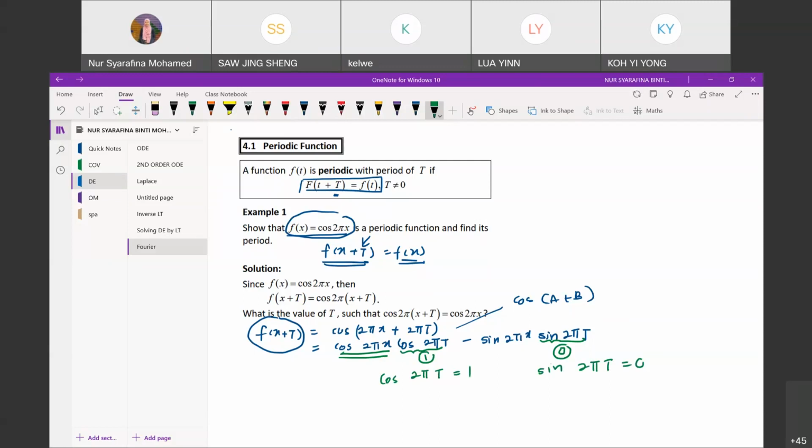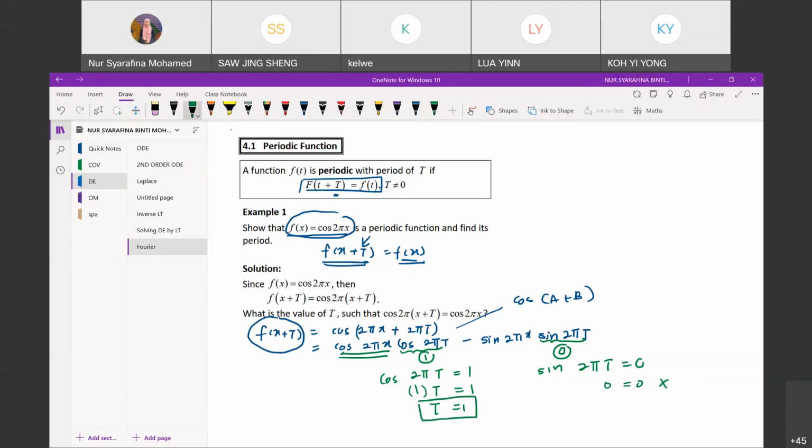So solving this, cos 2π equals to what? Cos 2π equals to 1, right? So T equals to 1. Sin 2π equals to 0, so this is 0 equals to 0. So we have T equals to 1.